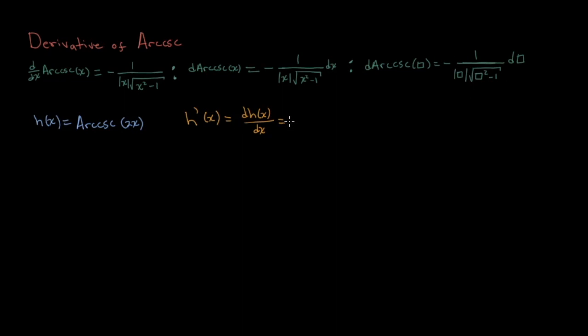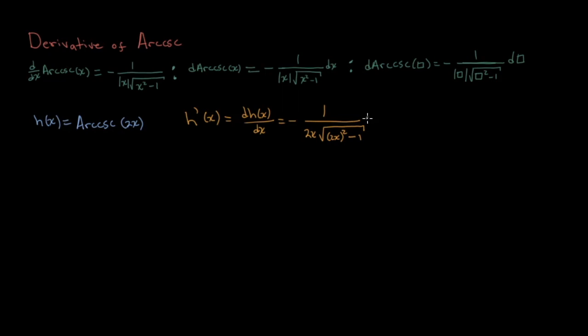So negative 1 over the absolute value of the argument, in this case 2x, times the square root of 2x, enclosed in a bracket, squared minus 1.